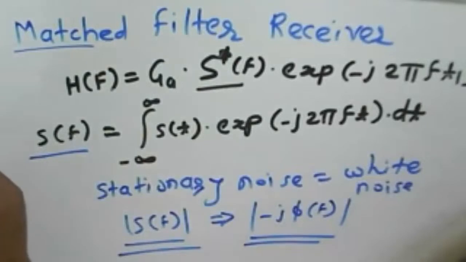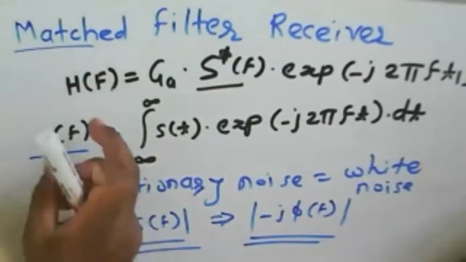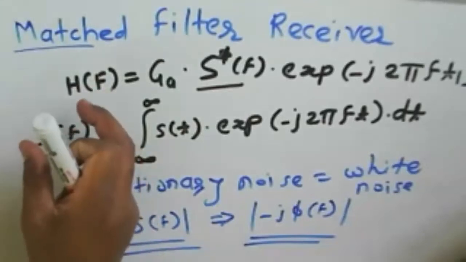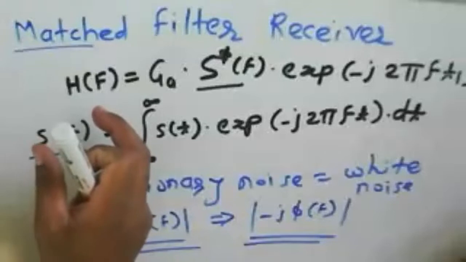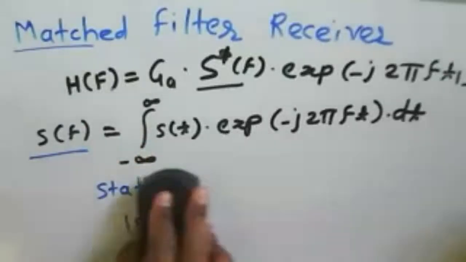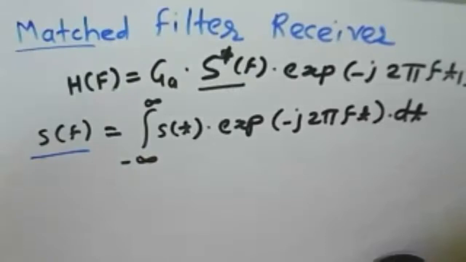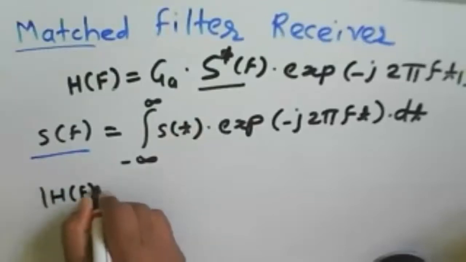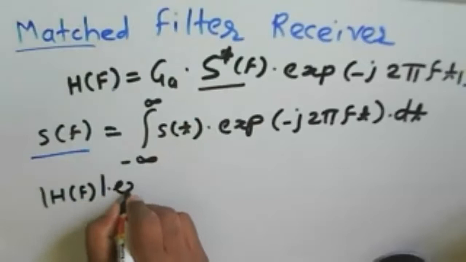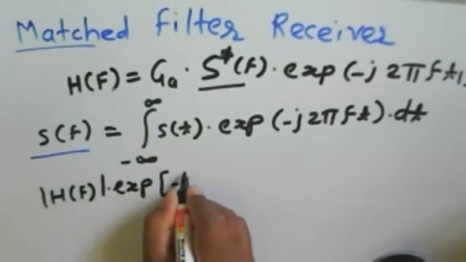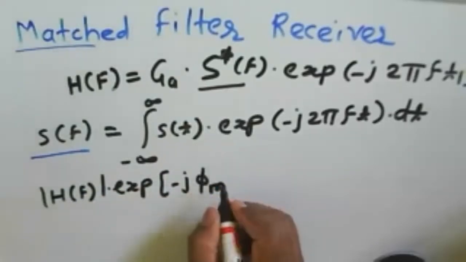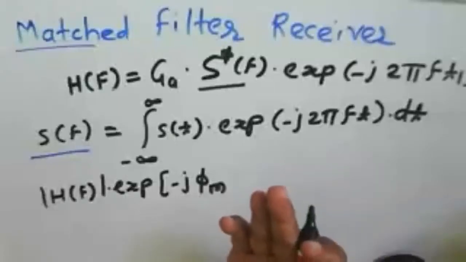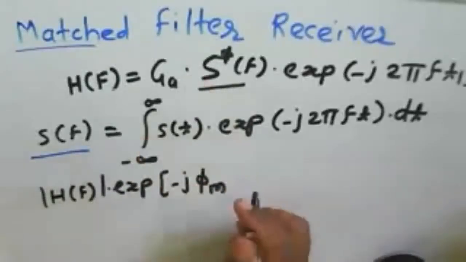And then we can write H of f in terms of a phase function as well as a magnitude function. So how can we write the matched filter here? We can rewrite it in terms of a magnitude and an exponential of minus j phi m, that is for the phase spectrum of a matched filter.